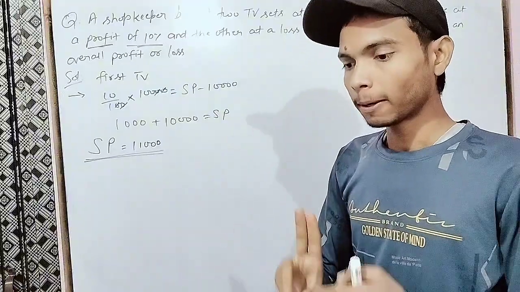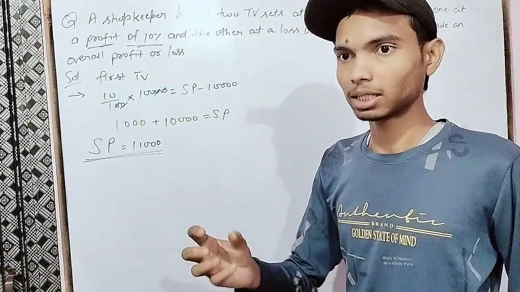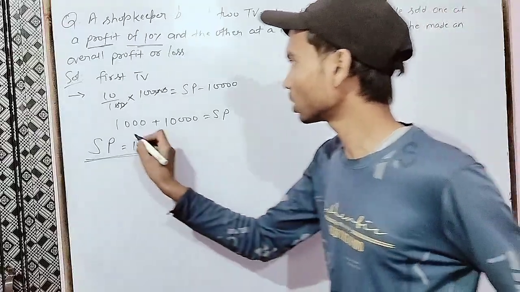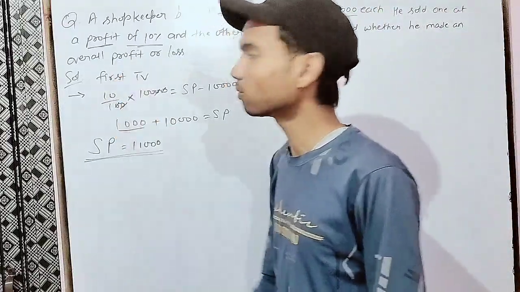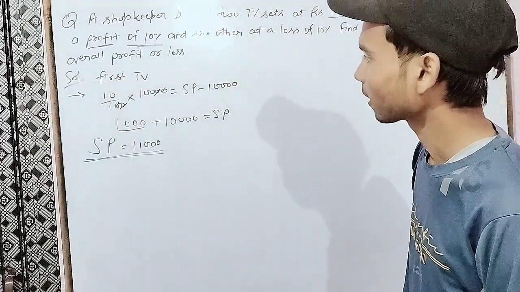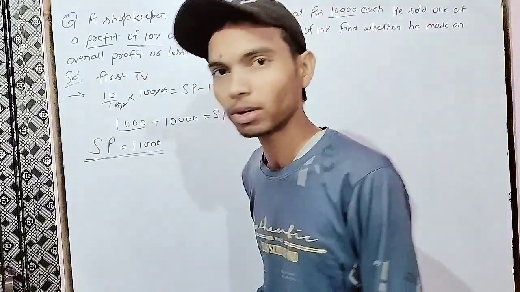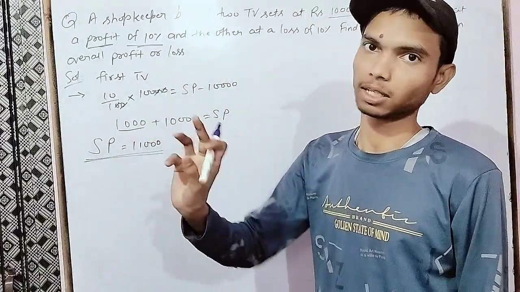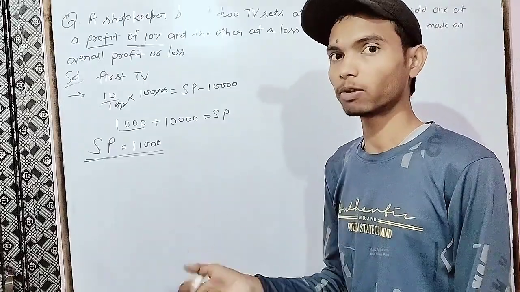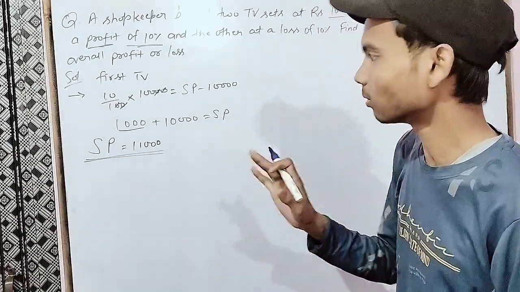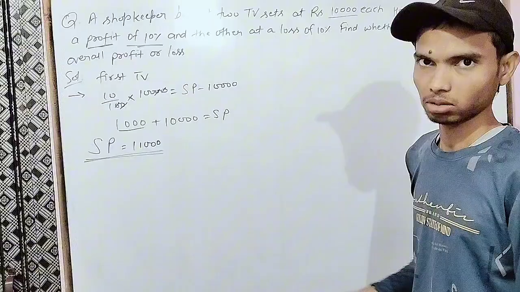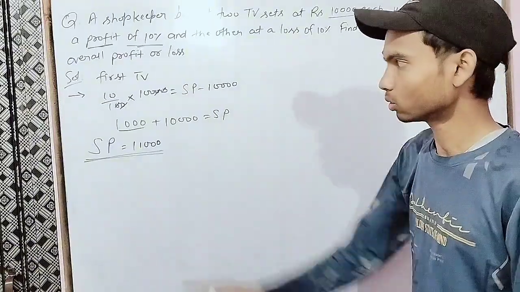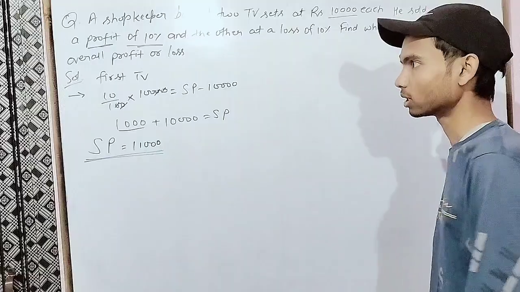So 10% in rupees would be 1,000. This 1,000 is the 10%. So the profit is 1,000, but in percent it is 10%. If someone asks you where the profit is, you would say this 1,000 is the profit.